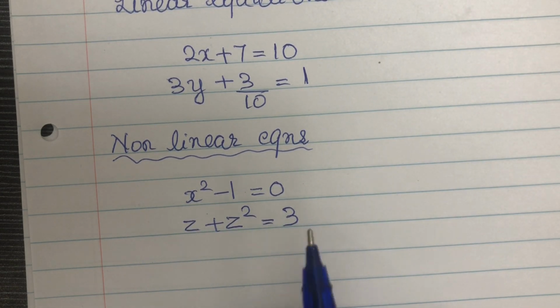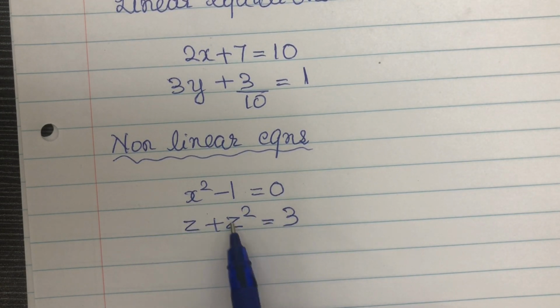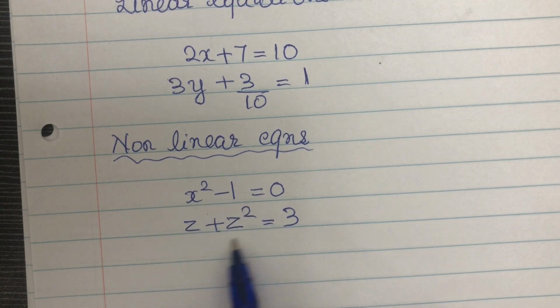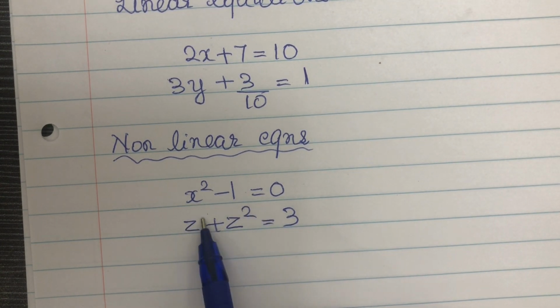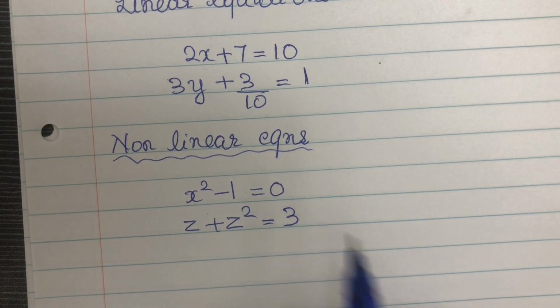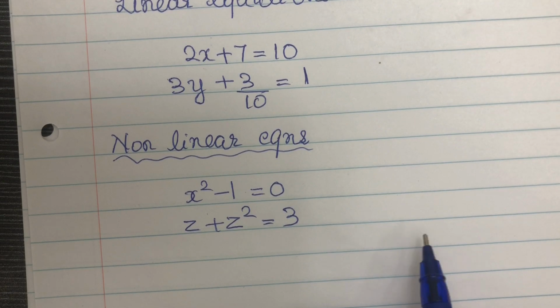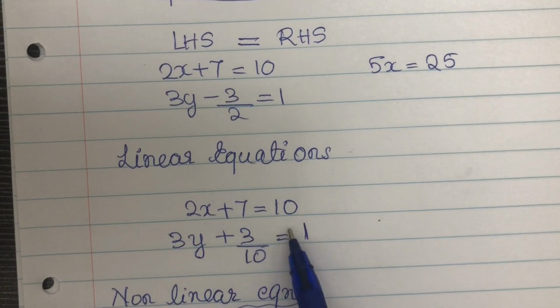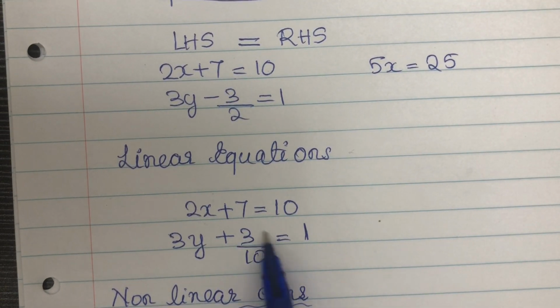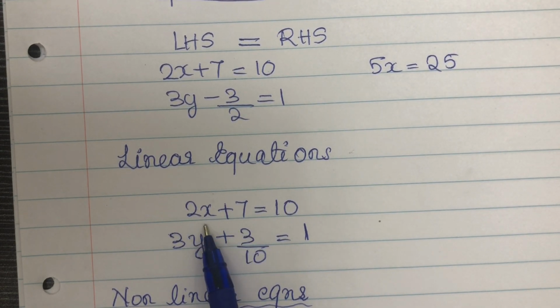So if in an equation the expression is having the highest power not 1, then that is a non-linear equation. It is not a linear equation, right? So in a linear equation we have only linear expressions. What are linear expressions? The highest power of the variable in the expression should be 1.